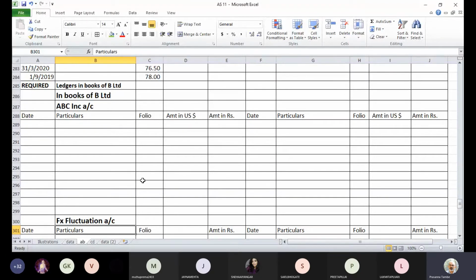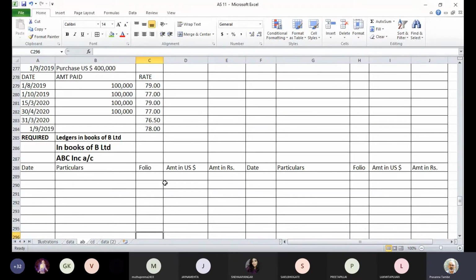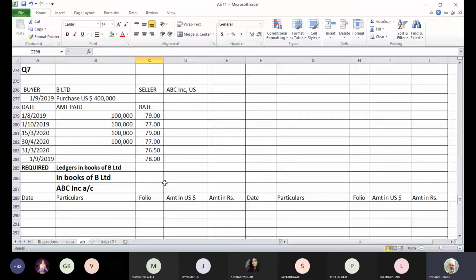Okay. So as I said earlier, we have a typical case where the purchase has taken place, but before the purchase, there is an advance payment on 1st August 2019. So let us first account for this advance payment. When you make the payment, the entry is supplier's account debit to bank account. So in this case, ABC Incorporated is a supplier. So ABC Incorporated account debit to bank on 1st August 2019.